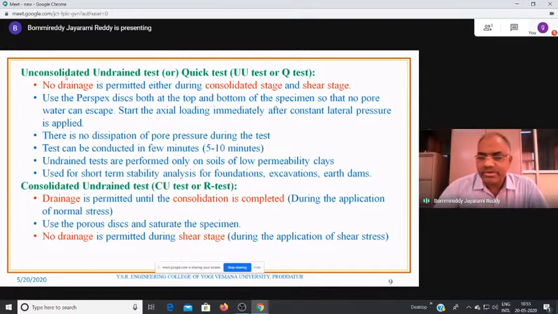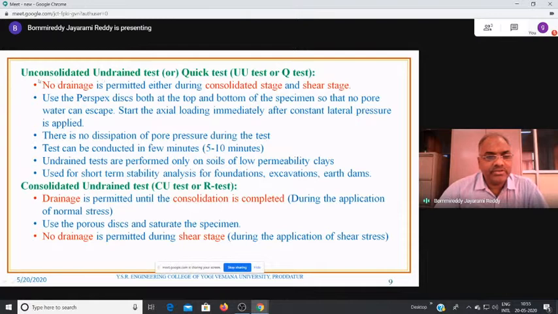So when the soil is to be consolidated, we apply the normal stress. And whether drainage is permitted in the shear stage determines whether it is drained or undrained.